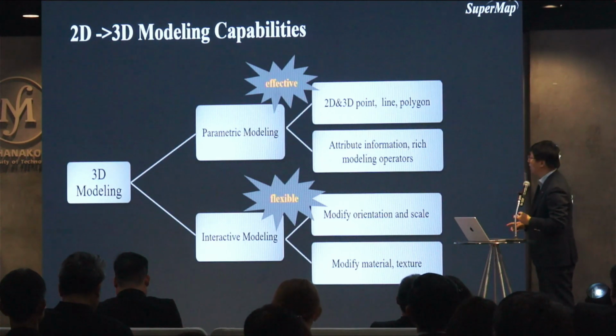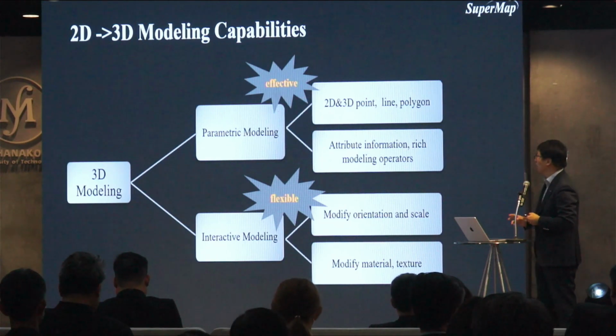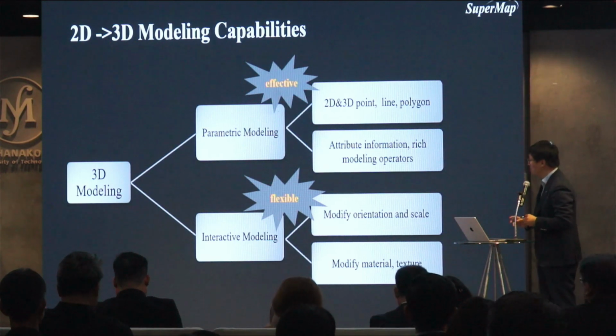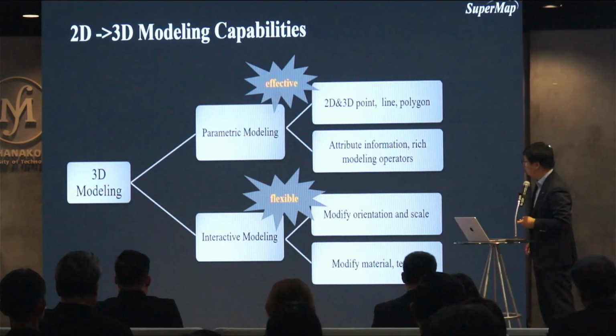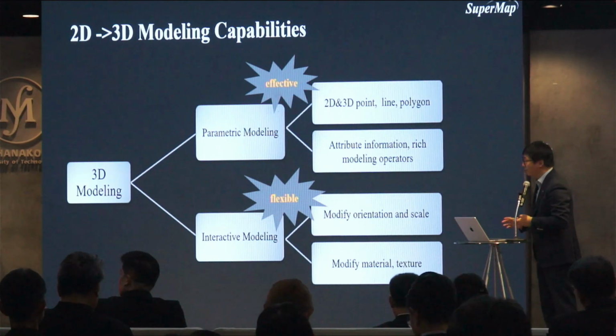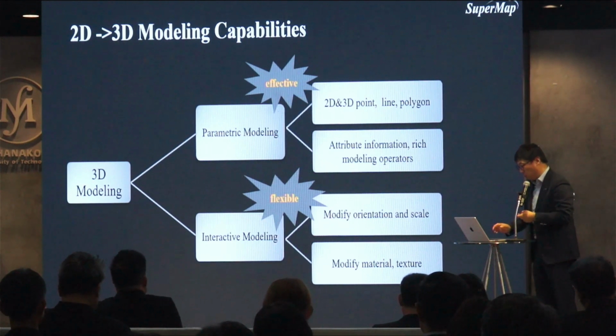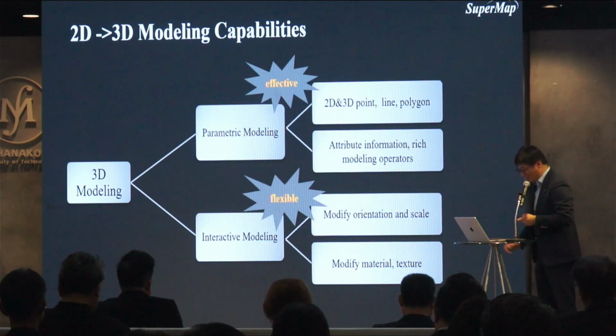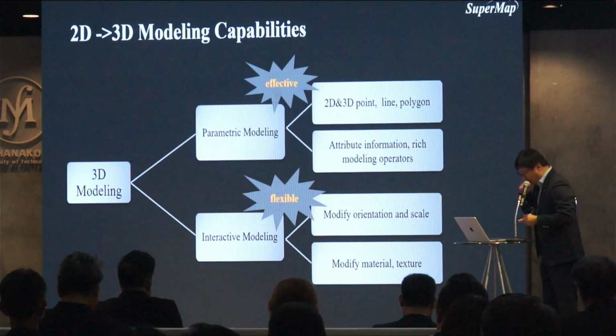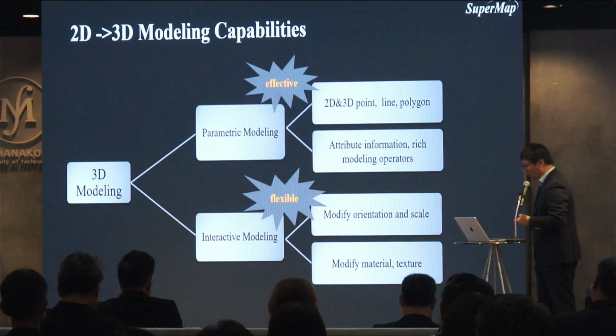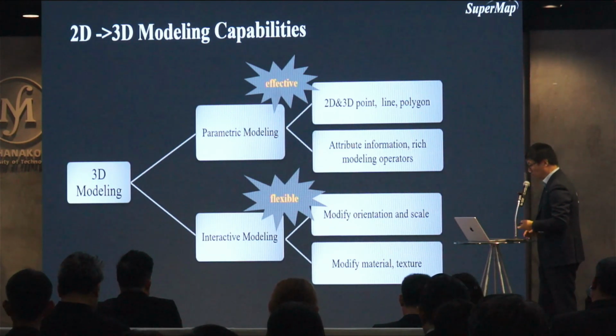It is very effective. We use 2D and 3D points, lines, and polygons, and their attribute information to quickly build models. And the second one, combined with interactive modeling technology, allows more flexible editing and modeling.